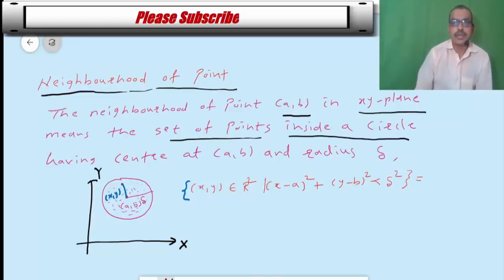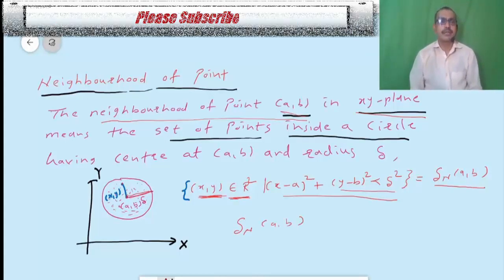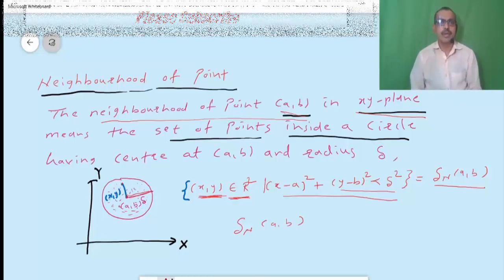And this one is a delta neighborhood of (a, b), and it is denoted by N delta (a, b). This is the definition of delta neighborhood of (a, b).